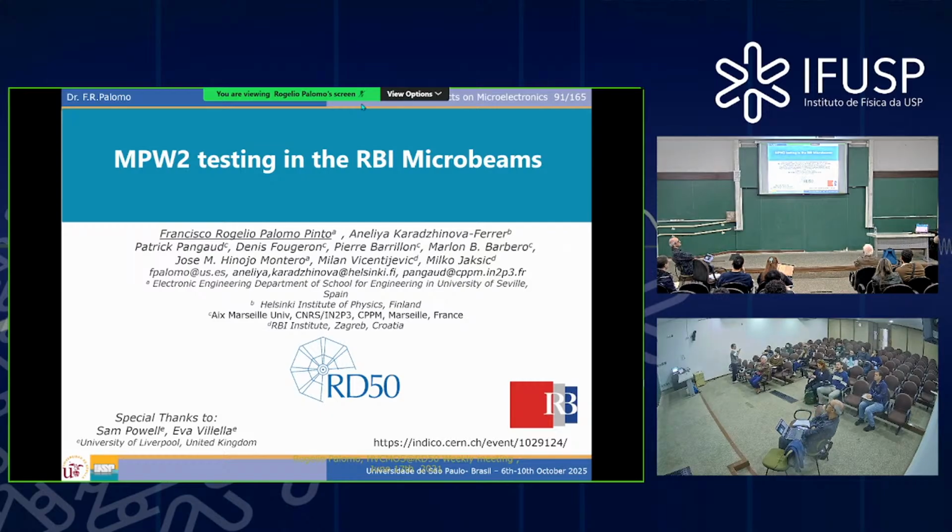PIXE is particle-induced X-ray emission. So if you shoot protons, ions, or whatever against electronics, the first signal comes in terms of X-rays from the metallizations. And those X-rays can guide you with pinpoint precision to where the target of interest really is in the device. So we went to RBI.